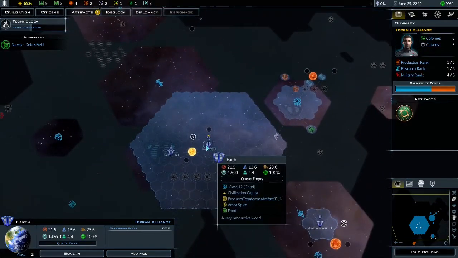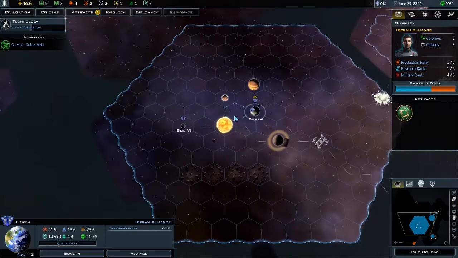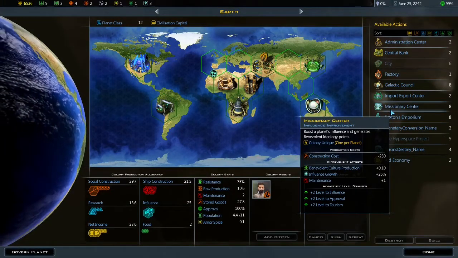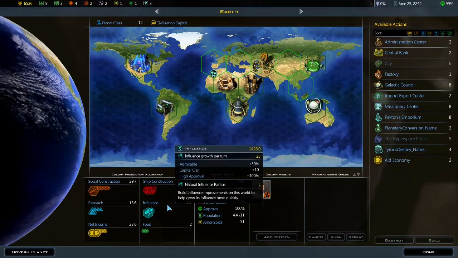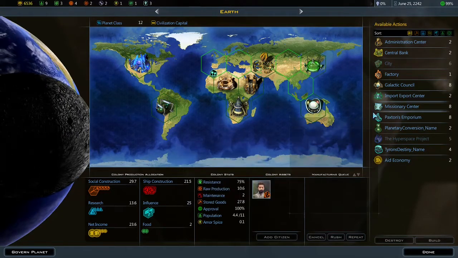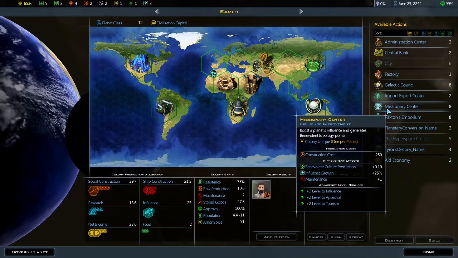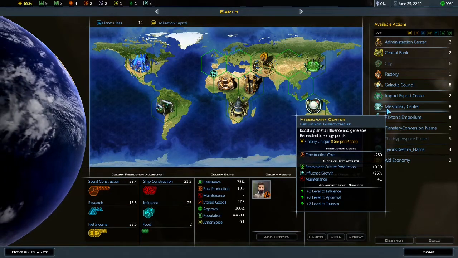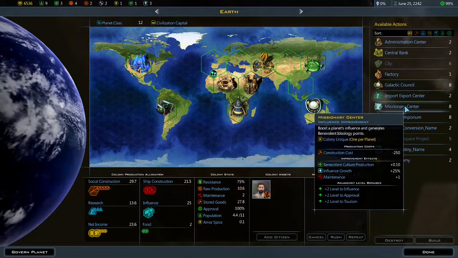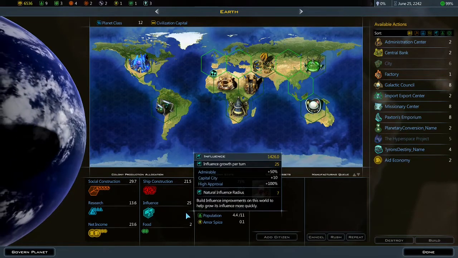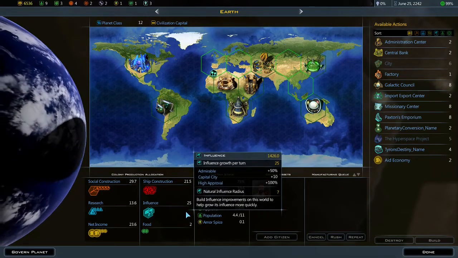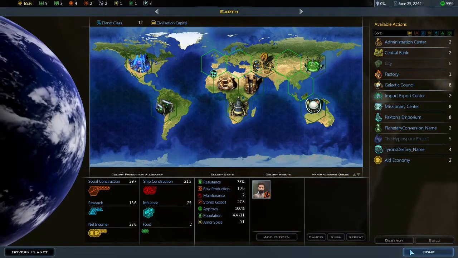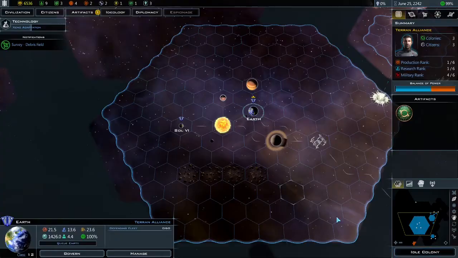So what I'm gonna do is, for example, build a missionary center, because it has an influence of 25, which is really high, and a missionary center will increase our influence by 25%. So a 25% increase in here would mean that it increases by 1/4, which is 6 point something, I guess.